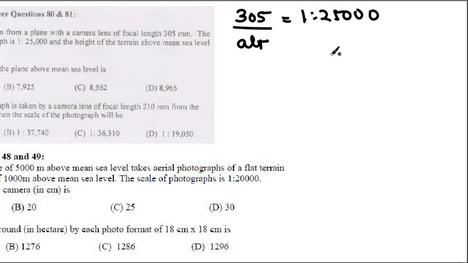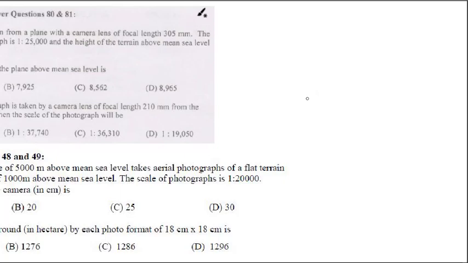So altitude will be 25,000 divided by 305 mm, right? So 305 mm in meter is 0.305. Wait, let me just write this in a proper manner. 1/25,000 is the scale.